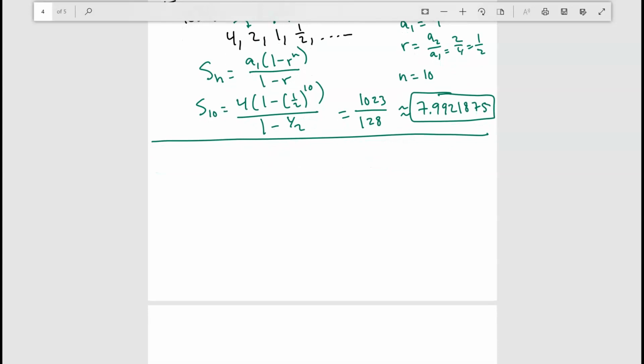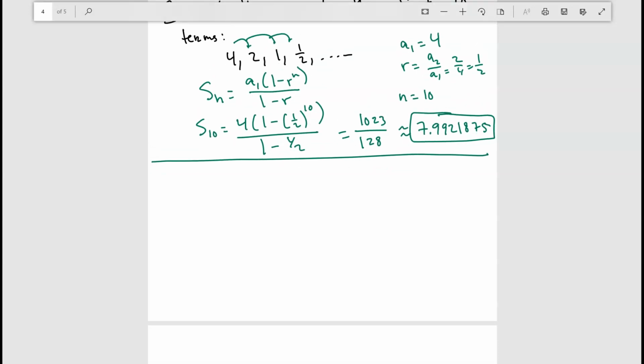Notice that when the absolute value of r is greater than or equal to 1, as n gets larger, meaning as n approaches infinity, and I'm adding more and more terms, like 2, 4, 8, 16, 32, 64, I keep adding terms as n gets larger and larger.